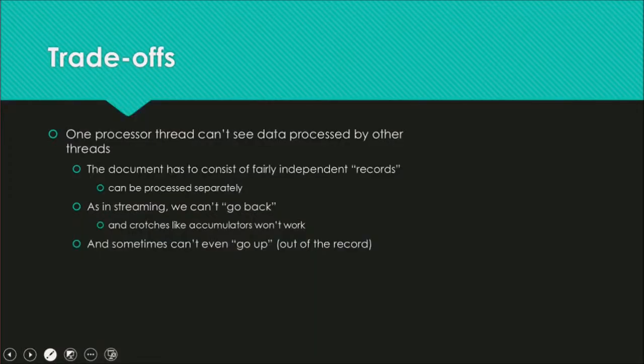So we have trade-offs. The most important one I've already mentioned is that we can't go out of the single record that we are processing if we are using this approach.